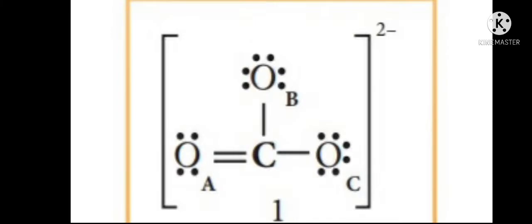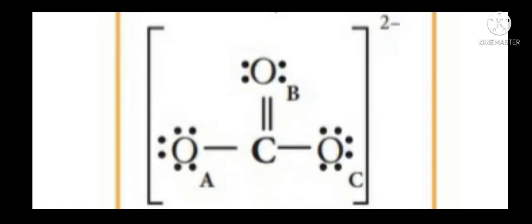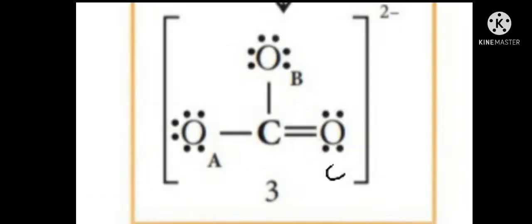Hence, in structure 1, one lone pair of electrons is moved from oxygen A to carbon. In structure 2, one lone pair of electrons is moved from oxygen B to carbon. In structure 3, one lone pair of electrons is moved from oxygen C to carbon.